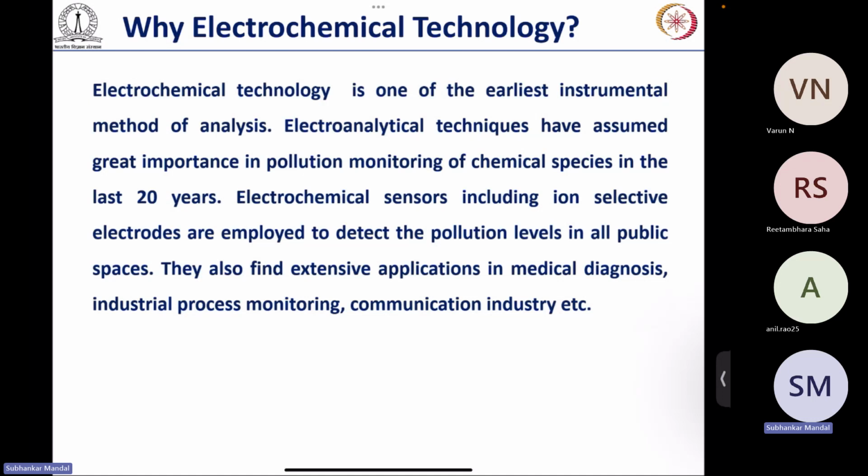Because, as I mentioned, it is quite user friendly, easy and non-expensive. Electrochemical sensors include ion selective electrodes, employed for detection of pollutant level in public spaces, and they are highly sensitive at ppm levels or even less. If you have the pollutant at ppm level, it can still give the information.